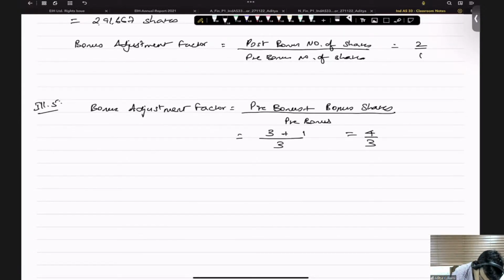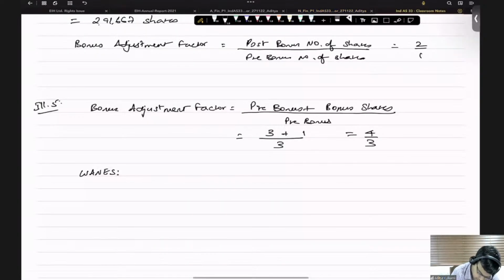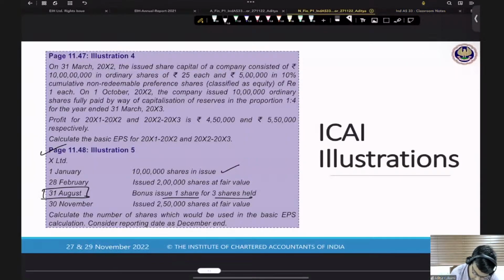And now let us proceed to calculate weighted average number of equity shares. On 1st of Jan, I had 10 lakh shares. The bonus happened on 31st August. So 10 lakhs into 4 by 3 into 12 by 12, plus how many shares? 28 Feb.